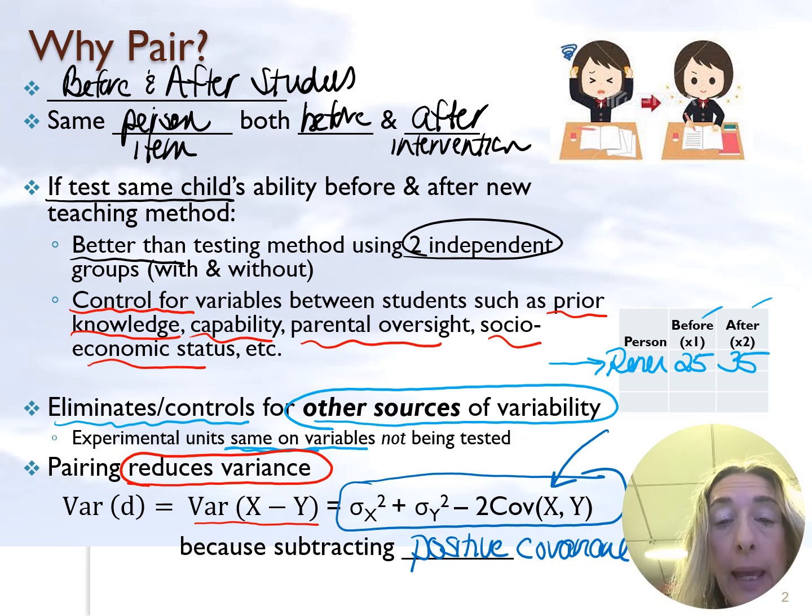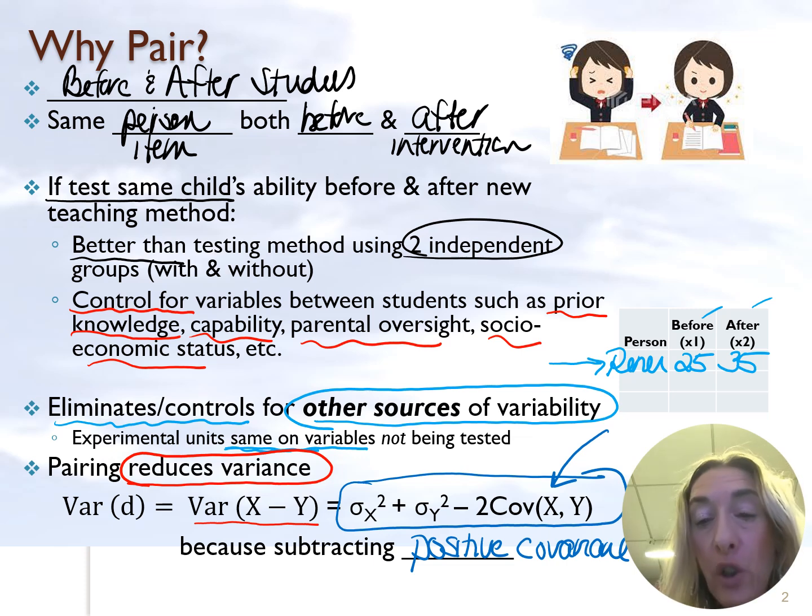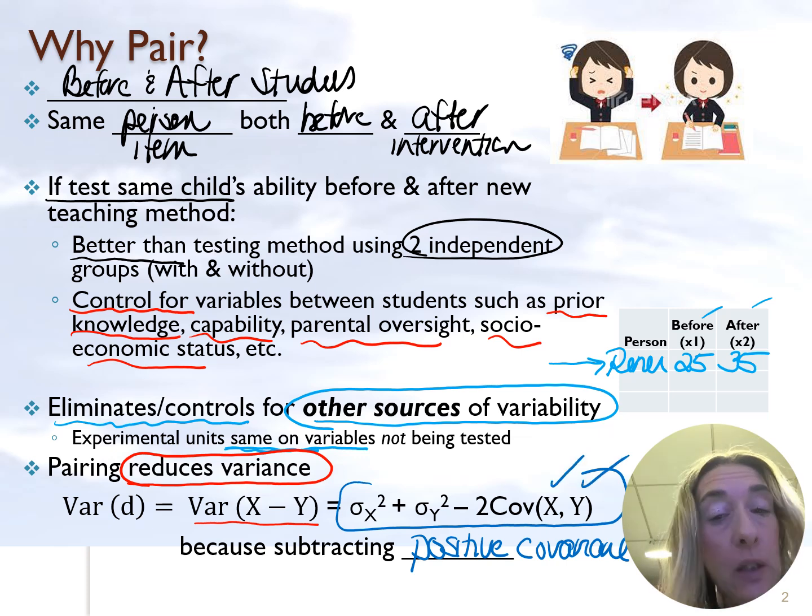Just recall that covariance is a measure of the nature of the linear relationship between two variables. In this case, the two variables would be X and Y. And these variables are not independent, they're dependent because they're paired. So if they're dependent and not independent, you would expect them to have a relationship of some sort.